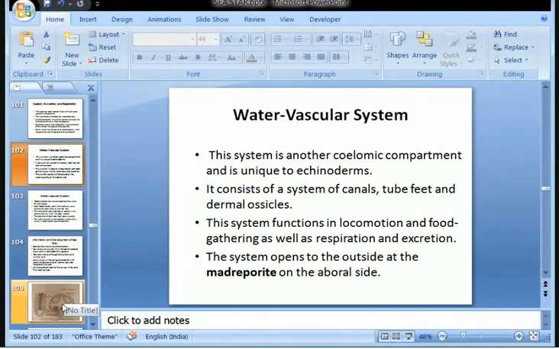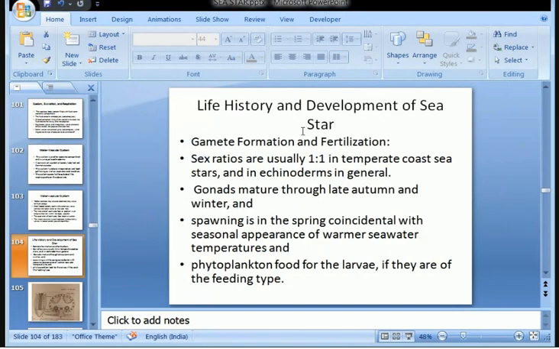Now, regarding the other systems, the hemal system and the reproductive system, they are not included in your syllabus. But from time to time, we do refer to those systems while explaining a particular topic. So I will be visiting those systems during the course of this class.